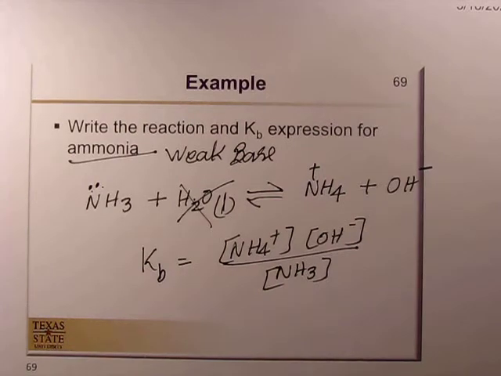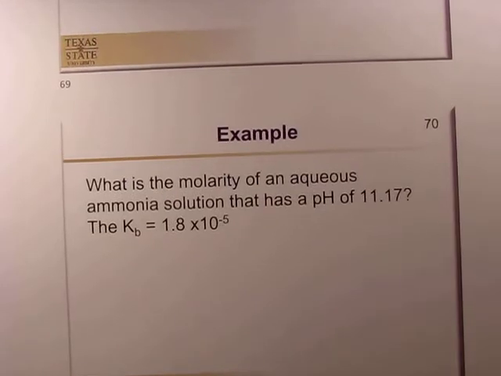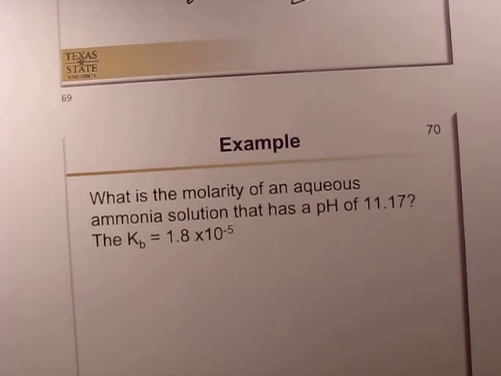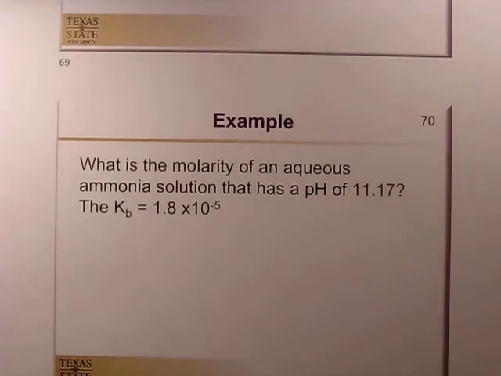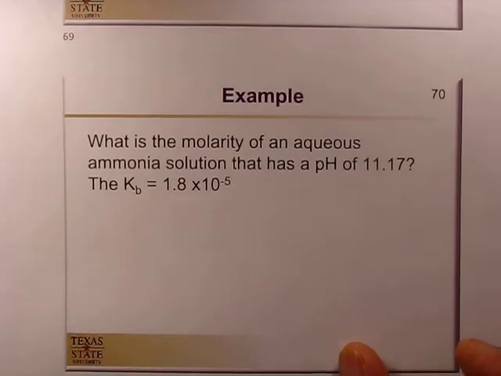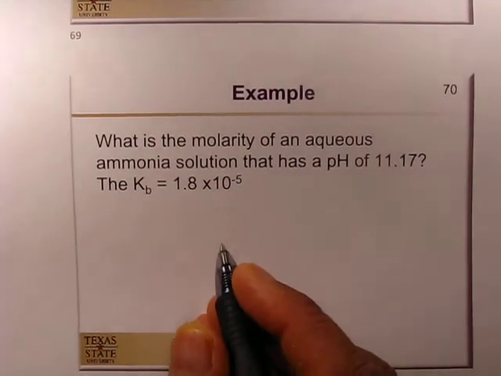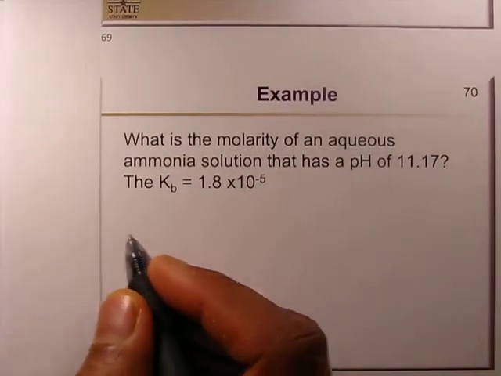And next, here we have one more example: what is the molarity of an aqueous solution that has a pH of 11.17 and a Kb value of 1.8 times 10 to the power minus 5?